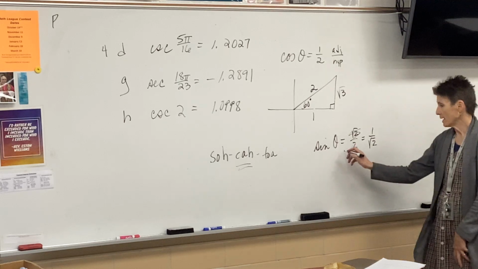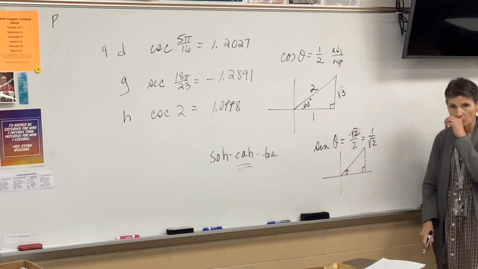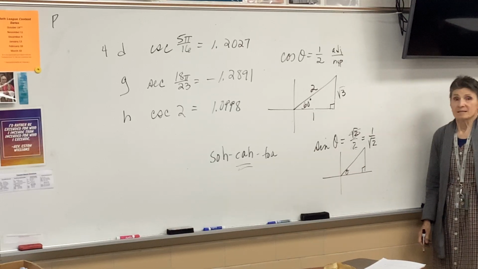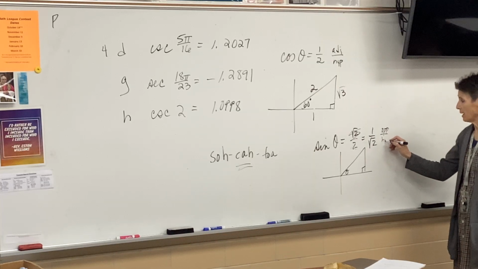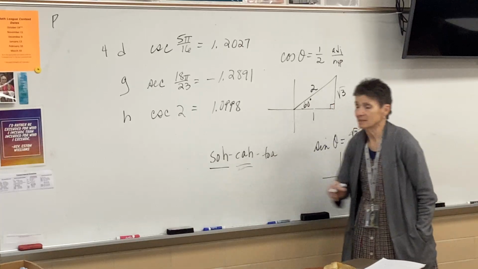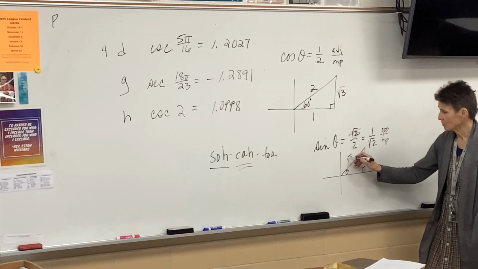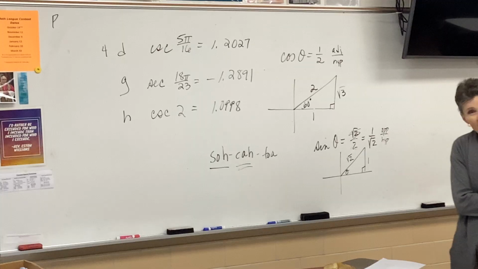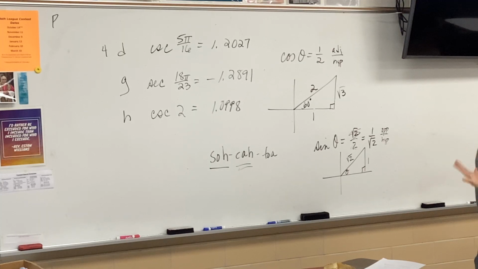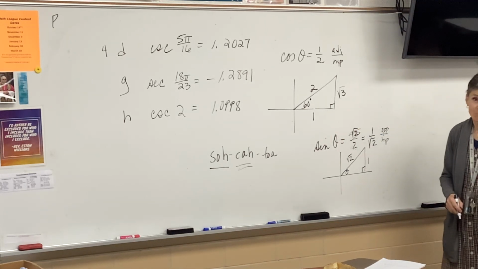So I'm going to draw my triangle, just like I did before. Here's my angle, right there at the origin. Sine is opposite over hypotenuse. So this is a 1, and this is a root 2. Now, if we are doing these problems by hand, the angle is going to be special. The triangle is going to be special. So it's either going to be a 30, 60, 90 like that one was, or a 45, 45, 90.